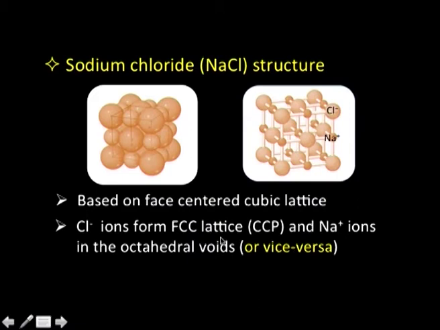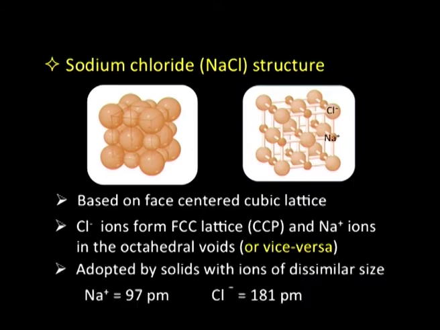Typically when we express the structure of sodium chloride, we say the slightly bigger chloride ions form CCP, or occupy the face centered cubic sites, and the sodium ions are in the octahedral voids. But the same thing is true for the reverse of it, that is we have sodium ions at FCC sites and chloride ions in the octahedral voids. Now, this is adopted by solids with ions of dissimilar size.